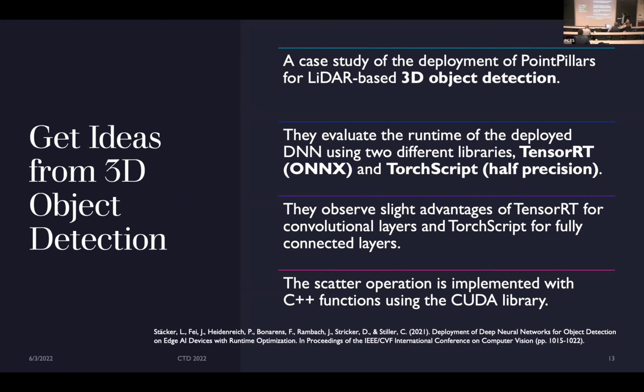They evaluated the conversion to ONNX and TorchScript, and they found out that TorchScript works better on MLPs, and ONNX works better on the convolutional neural networks because of the sparseness.